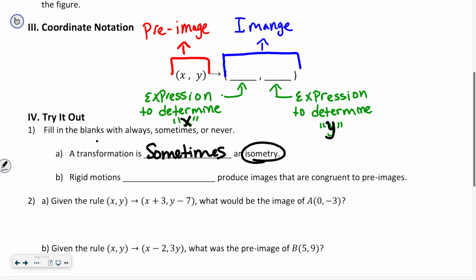Lastly, rigid motions produce images that are congruent to pre-images, while rigid motion preserves size and shape. So it always produces congruent images.